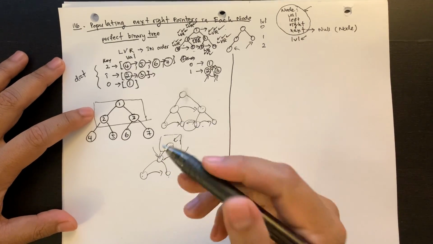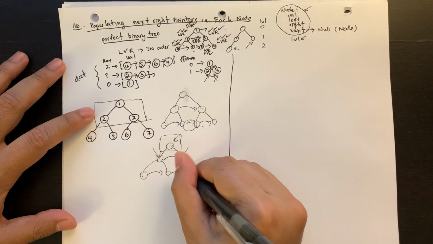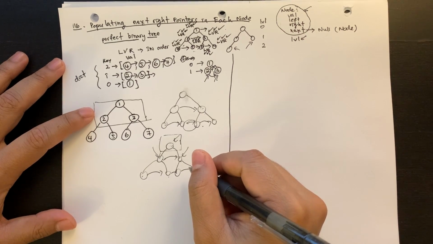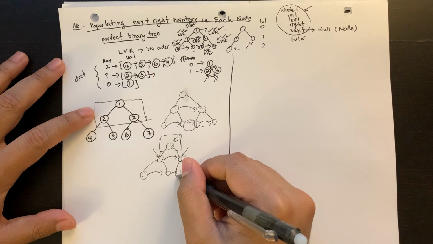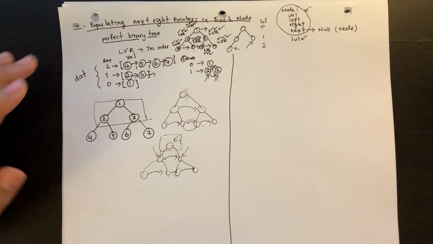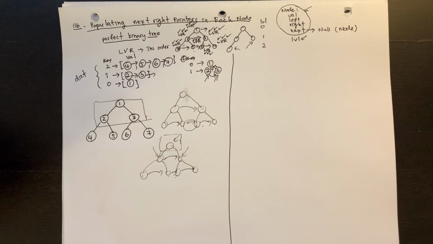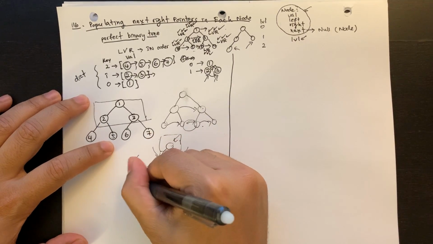Since it is a perfect binary tree, we just need to have a left child and right child. Yeah, the problem is I don't know how to connect this to this. But let me think a little bit. I think I'm on the right track right now. When we're on this frame, we can see this.